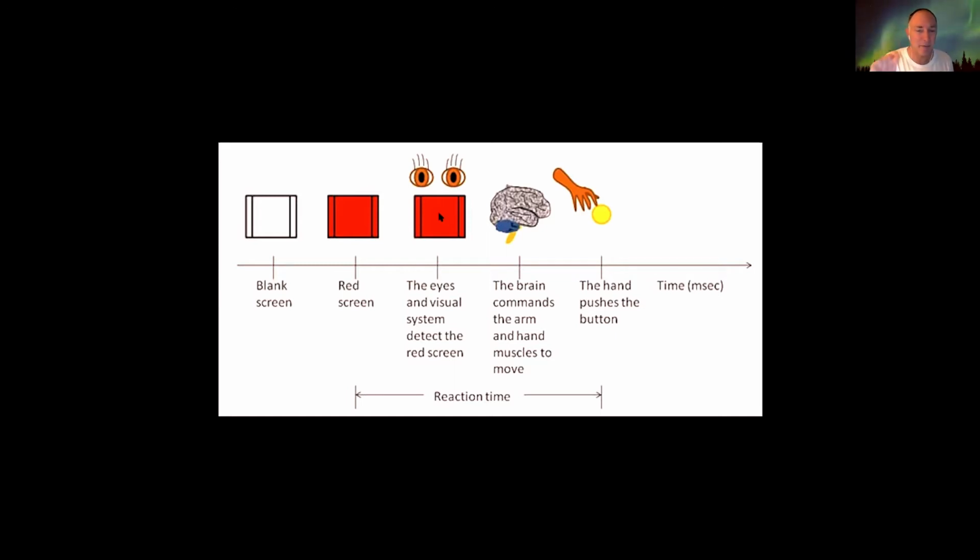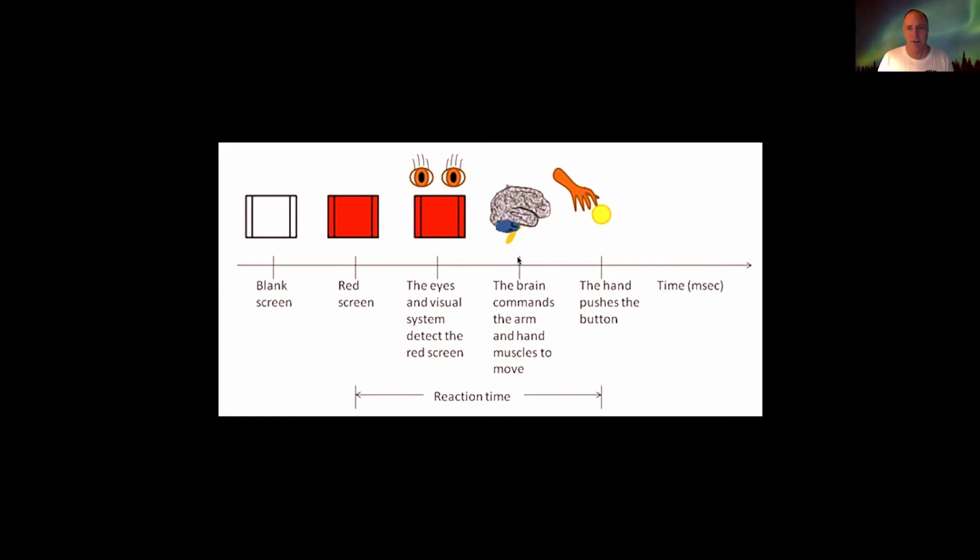But that doesn't mean that you've seen it yet, because there is a delay from the time that it gets through your visual system into your brain. Okay? And then sometime after 4/100ths of a second, you are able to respond to that.